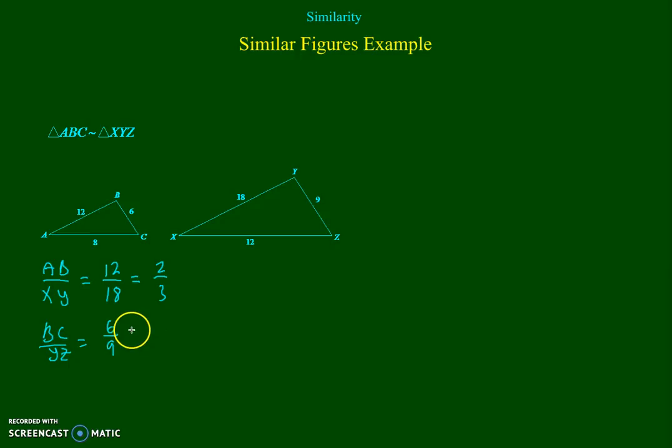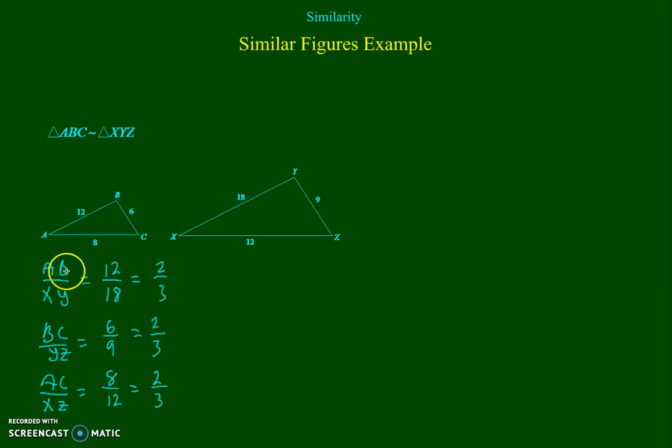So 6 divided by 3 is 2, and 9 divided by 3 is 3, so those are the same. And then AC to XZ, which is 8 to 12. 8 divided by 4 is 2, 12 divided by 4 is 3. And we can see that these ratios are all the same.